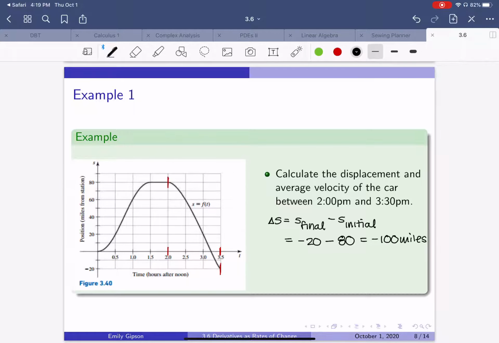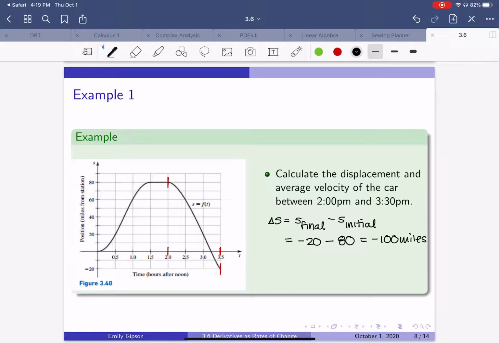And let's think about why that makes sense. It makes sense because we've traveled 100 miles, and in our coordinate system, we've traveled west, which means we're getting first towards the police station headed westward, and then beyond the police station headed westward. So that negative sign really just means west.